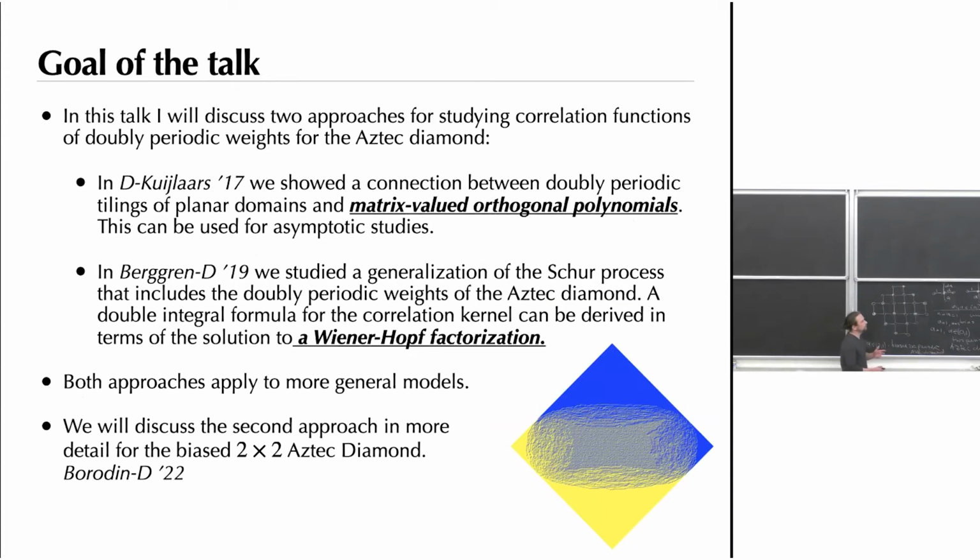Later, with a student, Thomas Berggren, we tried to mimic the doubly periodic Schur process analog, and found that the problem of finding correlation functions is related to Wiener-Hopf factorizations. I want to explain mostly this method today, but I will also say a few words about matrix-valued orthogonal polynomials.